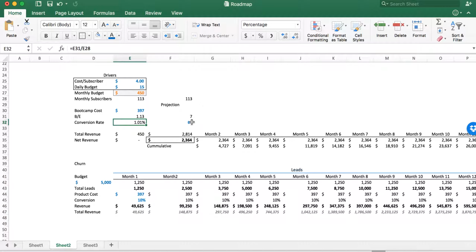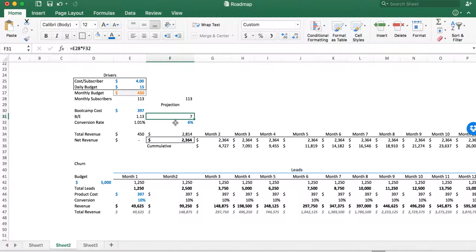Well, let's say I come over here and I'm going to build this next part of my model, right? I'm going to say, what if I have a conversion rate of 6%? Let's say 6%. And if I do have a conversion rate of 6%, how many customers does that get me, right?